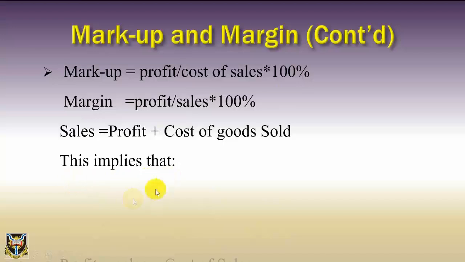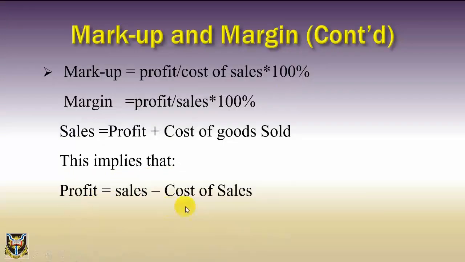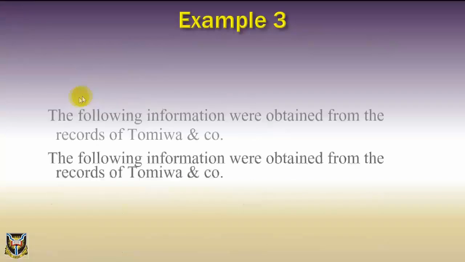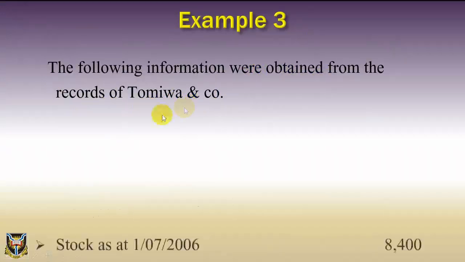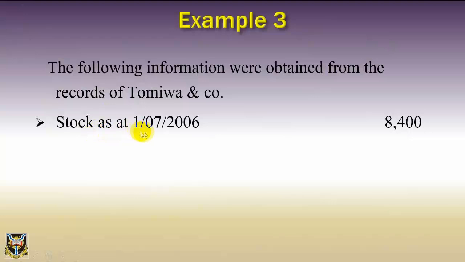This implies that profit is equal to sales minus cost of sales. Example 3. The following information was obtained from the records of Tomiwa & Co. Stock as at 1/7/2006, 8,400.